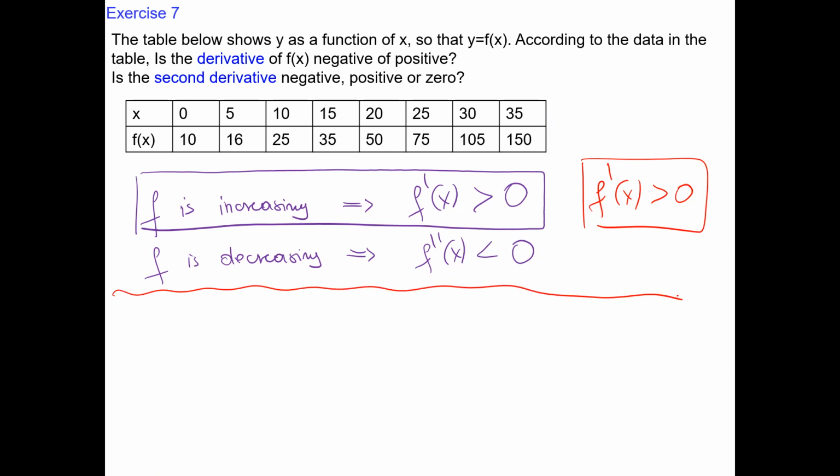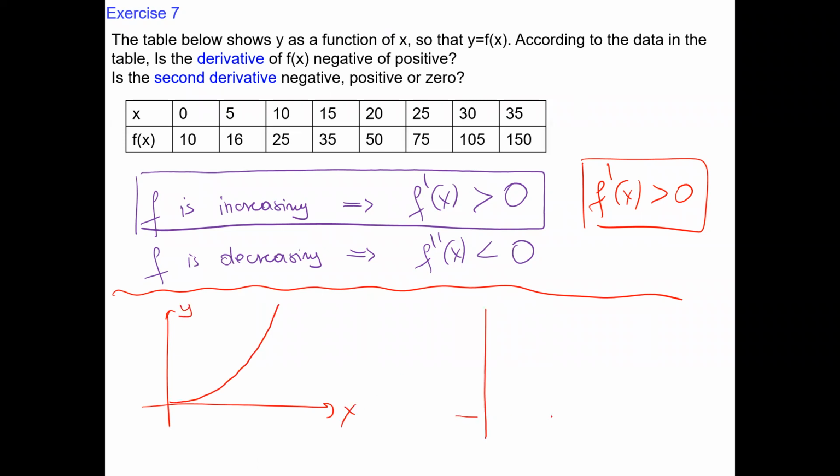How can we recognize it? We know that if the function is concave up, then the second derivative is positive. If the function is concave down, the second derivative is negative. But how can we get this condition from the values? Just really quickly, I can draw it.